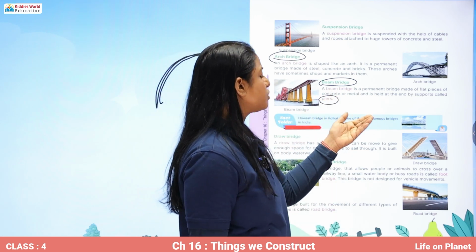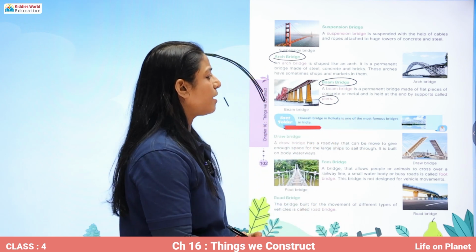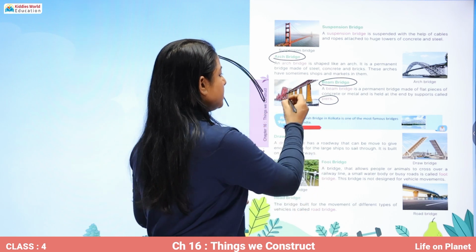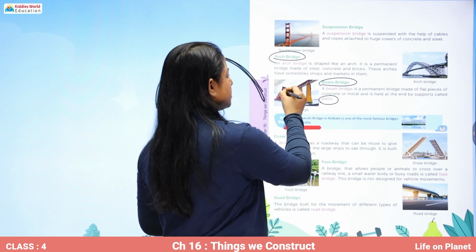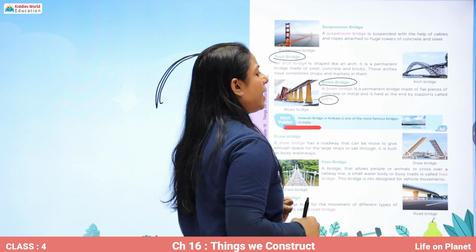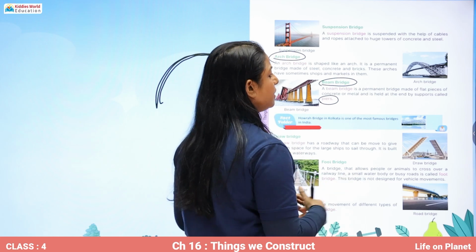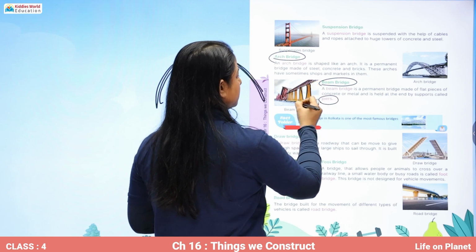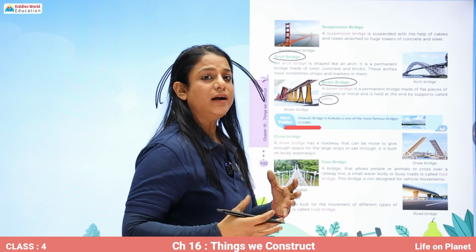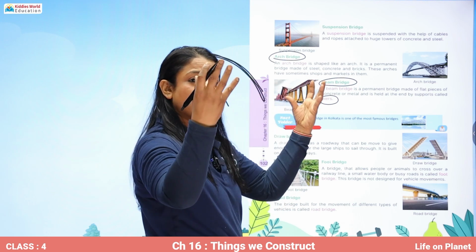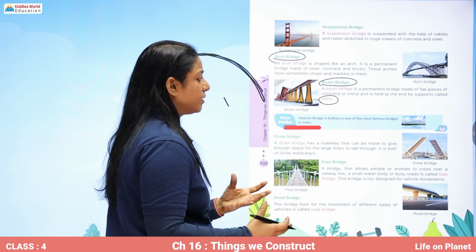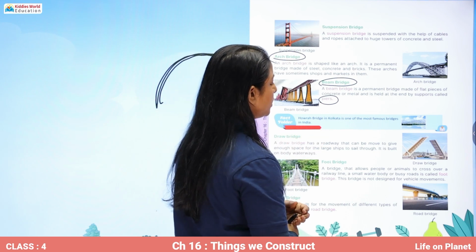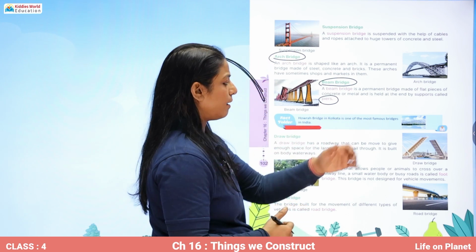So these beam bridges are permanent bridges, made up of flat pieces of concrete or metal. You can see these are the flat pieces of concrete or metal, and they are held at the ends by these piers. So piers are built and the beams are supported, supporting the bridge. Howrah Bridge in Kolkata is one of the famous bridges in India.